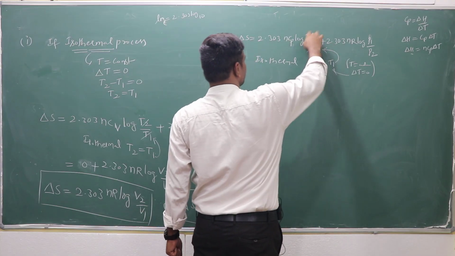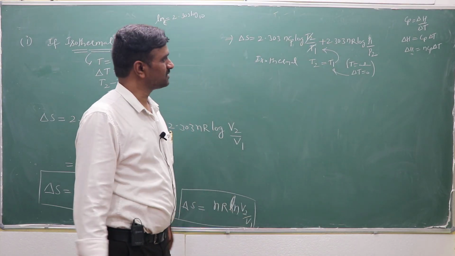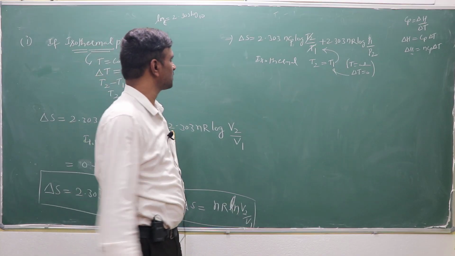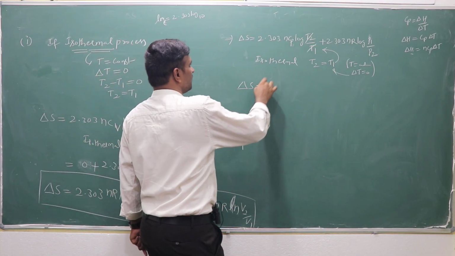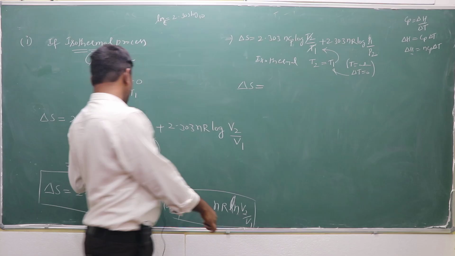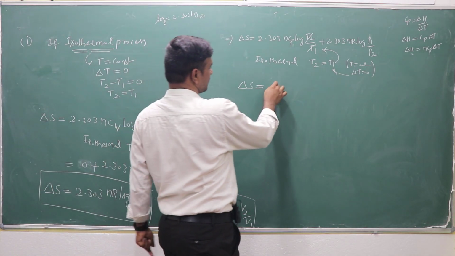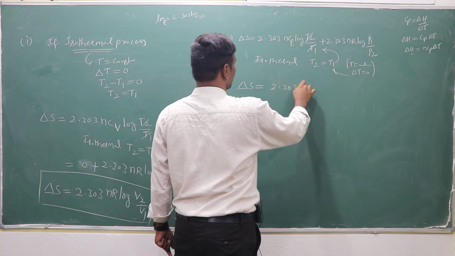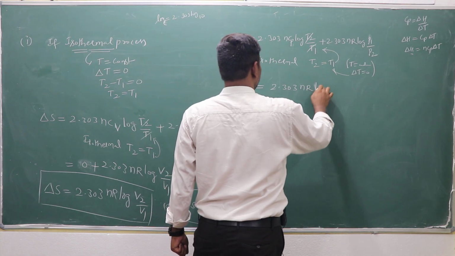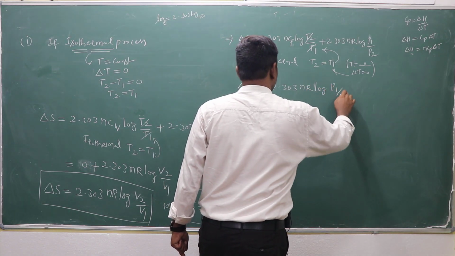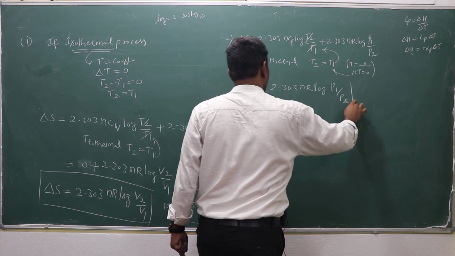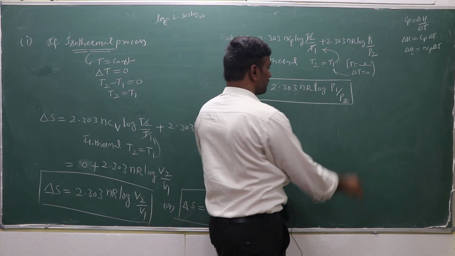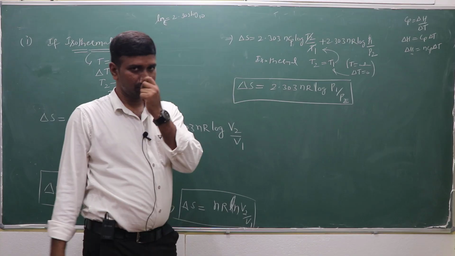I already mentioned that. If it is substituted, the first term cancels, because log 1 value is 0, like the earlier one. That means 2.303 nR log P1 by P2, or if it is P2 by P1, a minus is there.